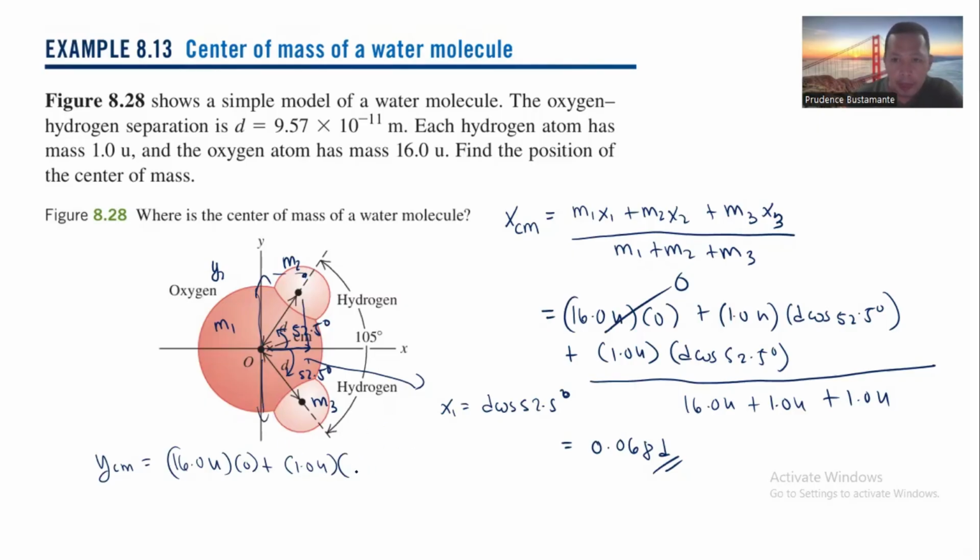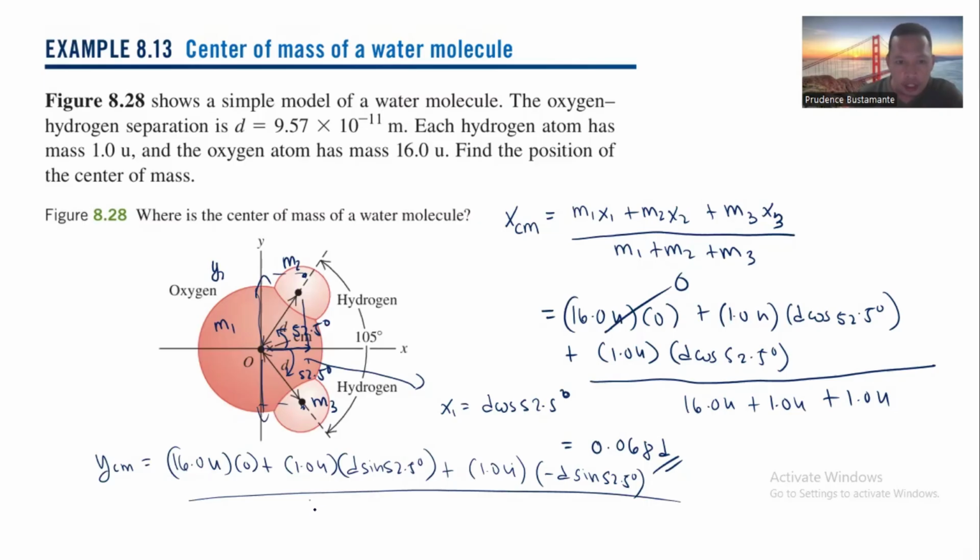So y2 is positive d sine 52.5 degrees, plus, however, our y3 is negative. So the mass 1.0 times negative d sine of 52.5 degrees over 16.0 u.